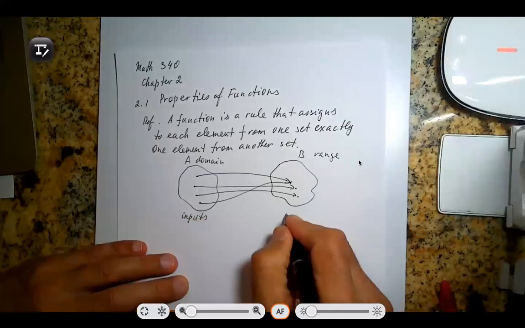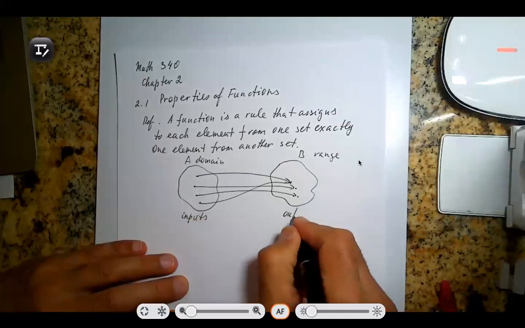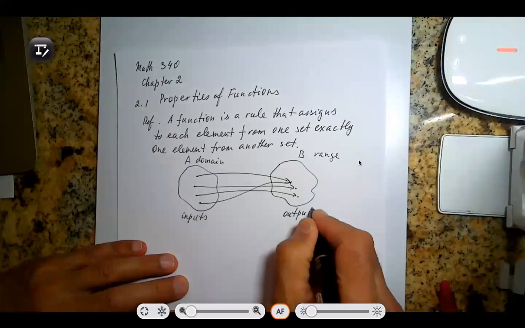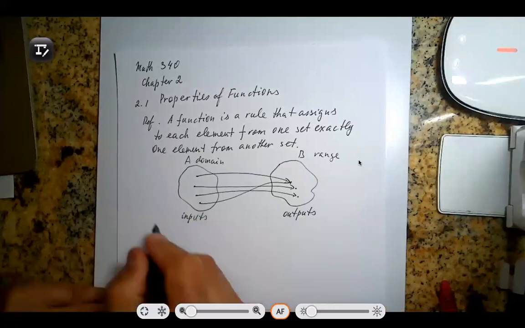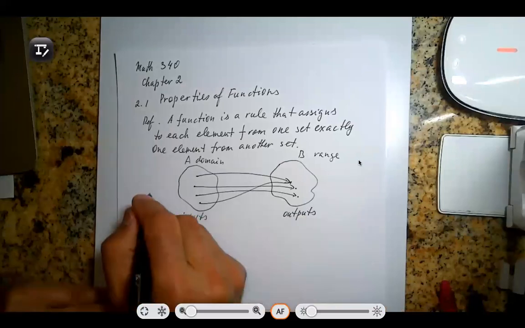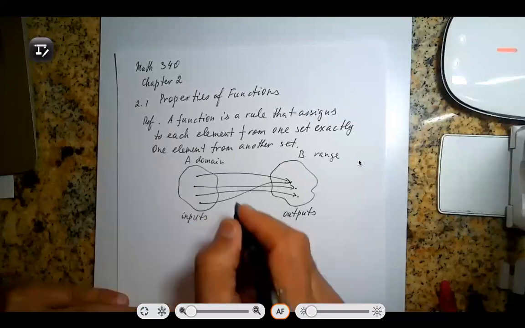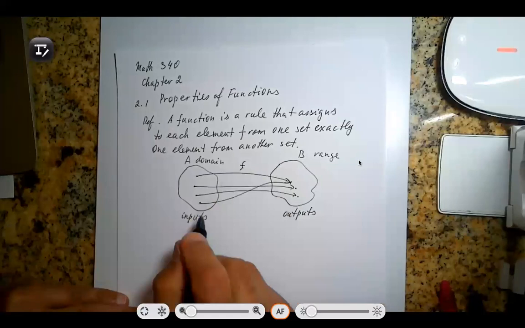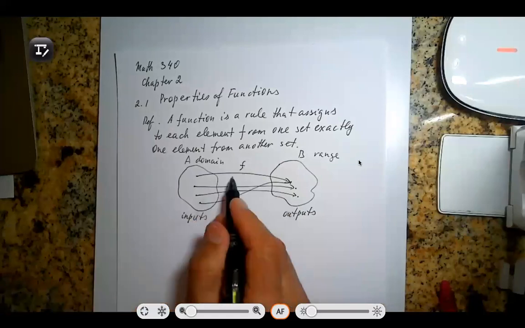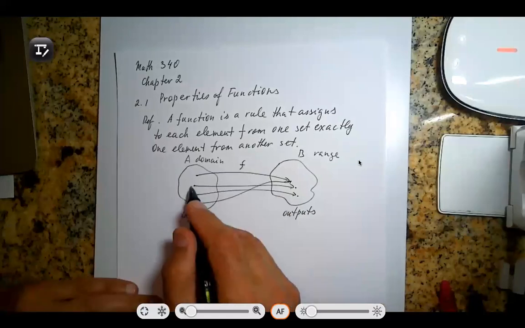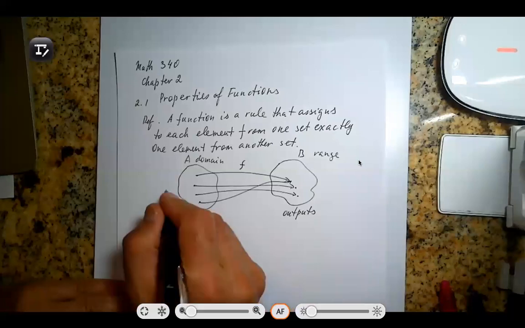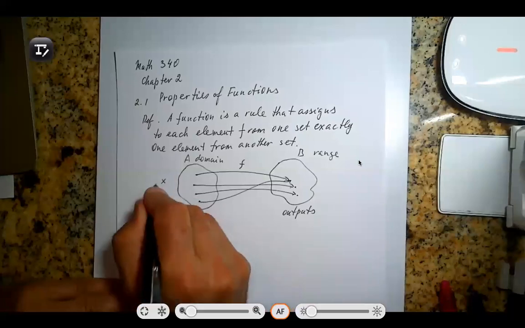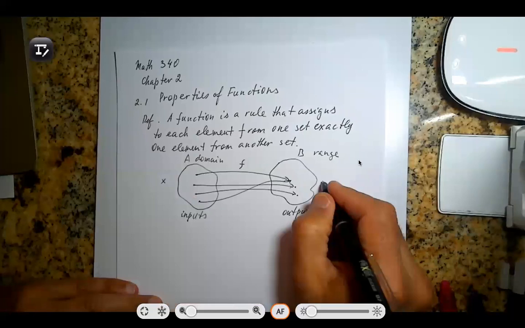Range is the set of all outputs. So for the mapping, we're going to use the letter F, for example. F is a mapping. Mapping is the same as rule. If we call X the input, this is Y the output.